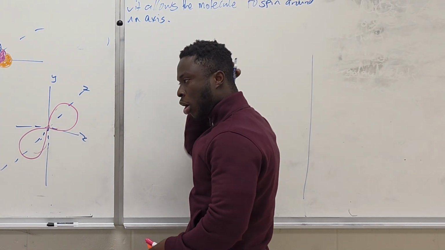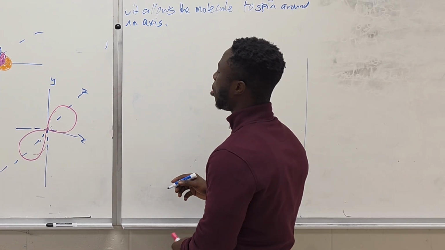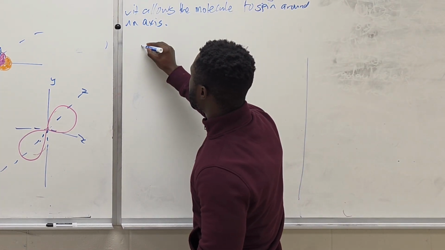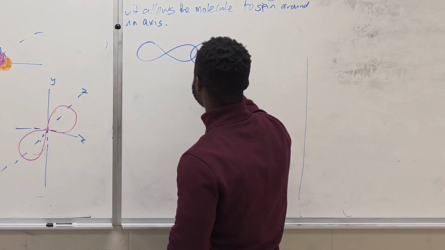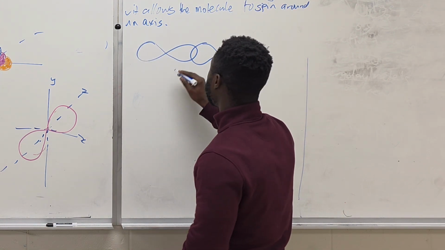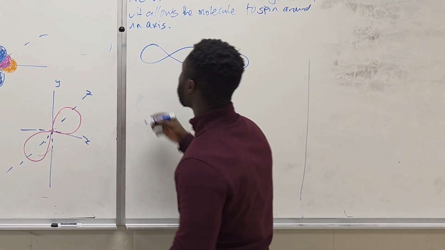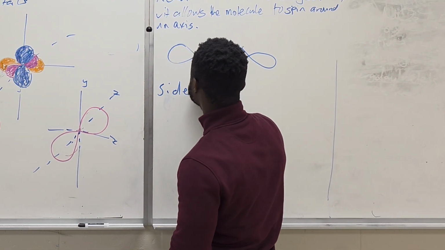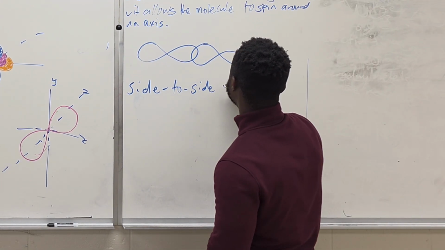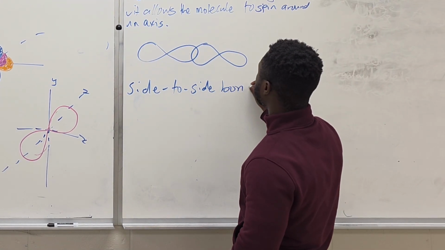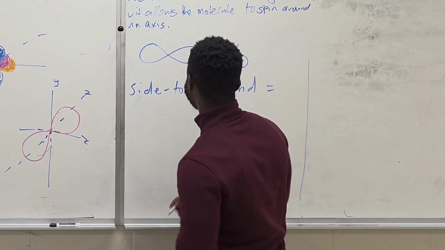So a head-to-head bond would be something like a pz orbital like this. Let's say this is a py orbital bonding with another py orbital like that, right? It is head-to-head, right? Now, if there is a side-to-side bond, we call that a pi bond, right?